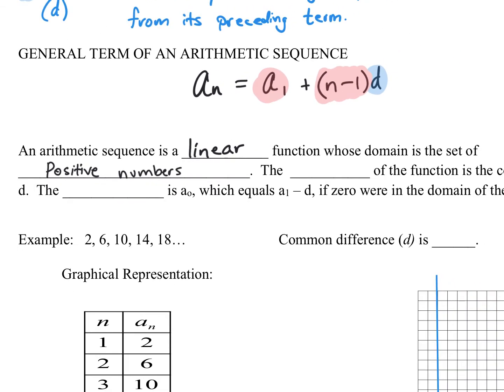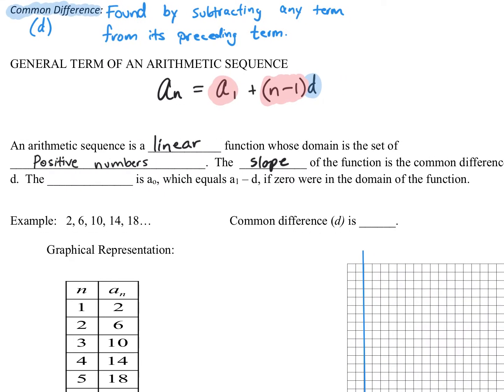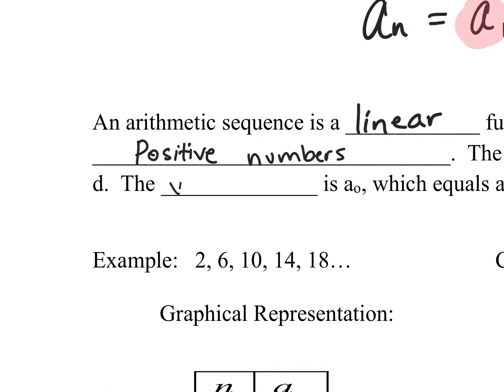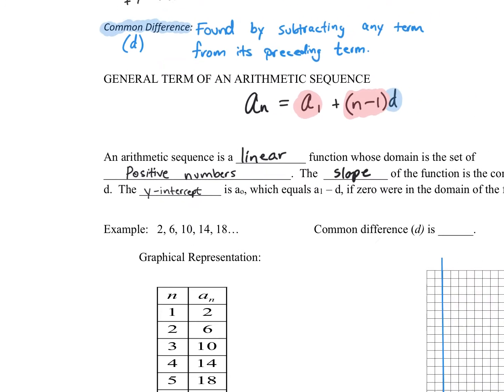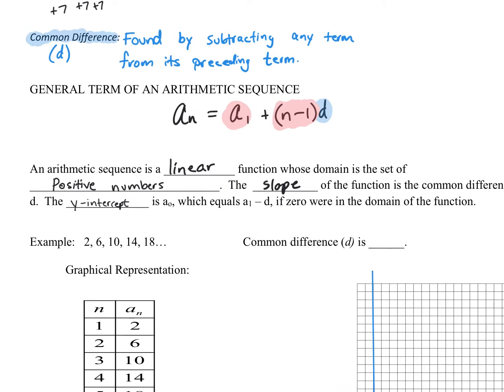The slope of the function is what we can consider the common difference, which we call d, and the y-intercept is a sub 0, which equals the first term, a sub 1, minus d, if 0 were in the domain of the function.